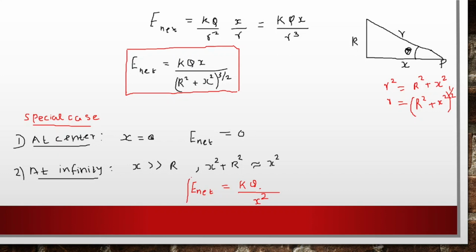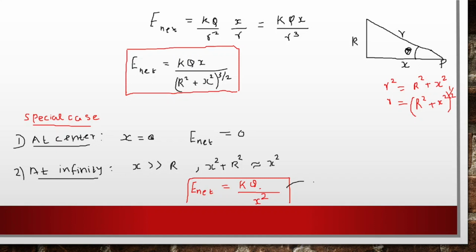Now check this equation. Is this the electric field at a point when the charge is a point charge? Yes, this is the equation for electric field if a charge is a point charge. So here it behaves like a point charge. When x is much greater than R, the ring behaves like a point charge.